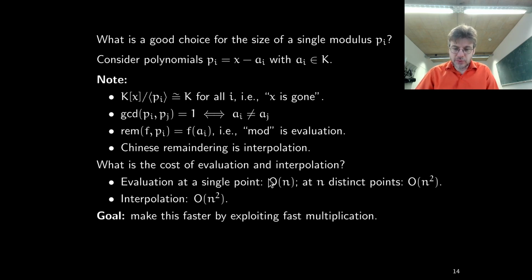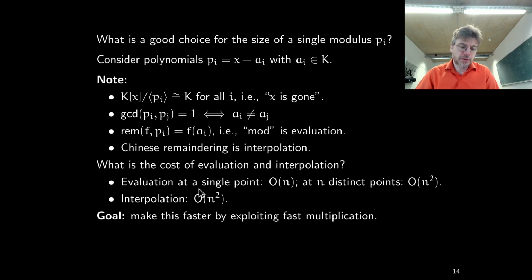It's true, we cannot improve this, but nevertheless we can improve this even though the points are distinct and completely unrelated to one another. We can take advantage of the fact that we are evaluating the same polynomial at all these n points, and we will see that this can be used.